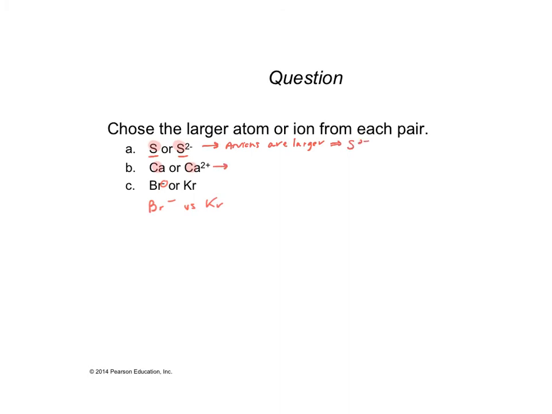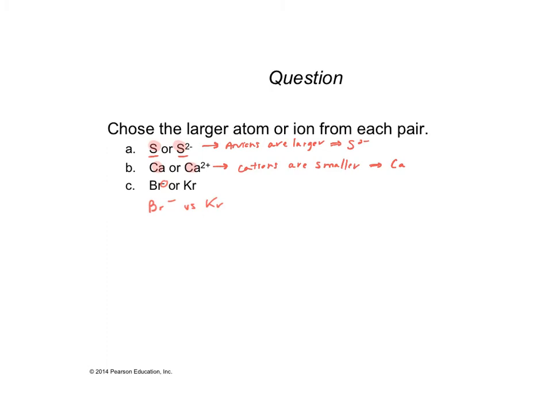We've also just learned that cations are smaller than their neutral atom. So because of that, the neutral calcium would be the larger atom in this pair. And this last one is a little bit more questionable. Not questionable, but it's going to require you to think a little bit more.